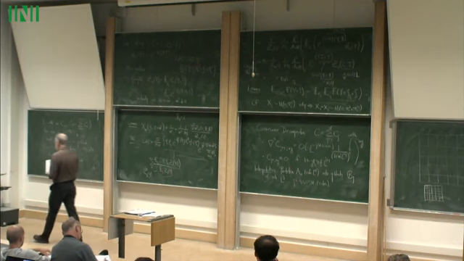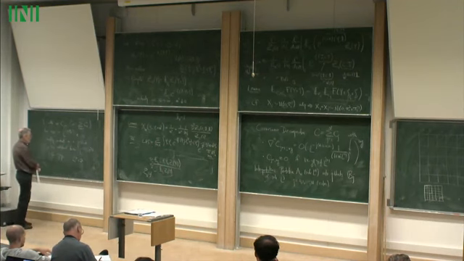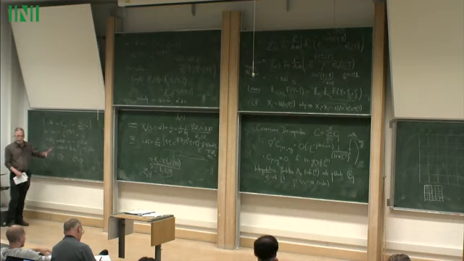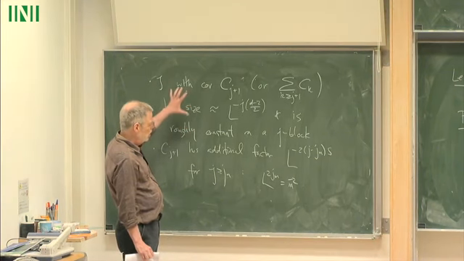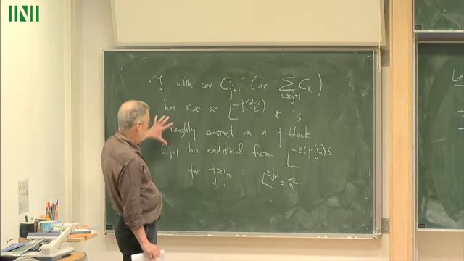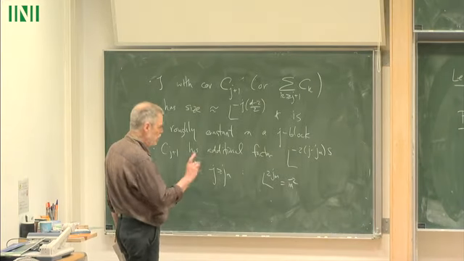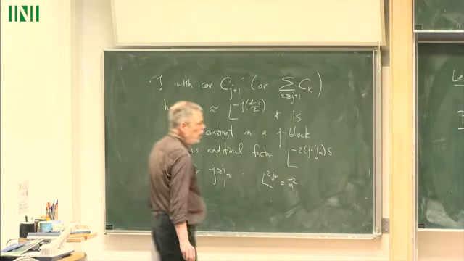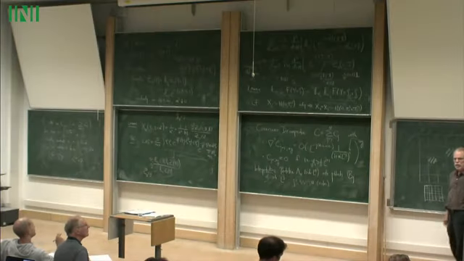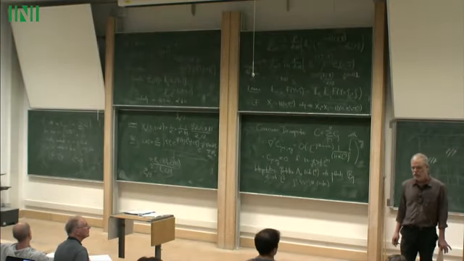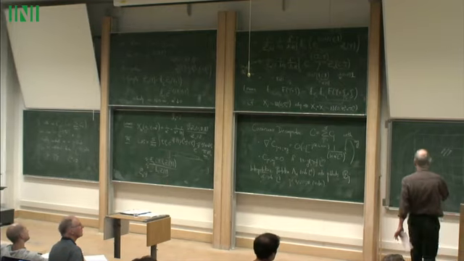Now, the hierarchical model has been discussed in Anti's lectures, and just to make some contact with that here, the way that the hierarchical model is defined is very similar to this, except, okay, there's one more point I wanted to make. So before I come to the hierarchical model, what is the role of the finite range? The role of the finite range is that if I have a j block here and another j block over here somewhere, that the distance between these two blocks is more than a half of L to the j plus 1. Well, these are j plus 1 blocks now.